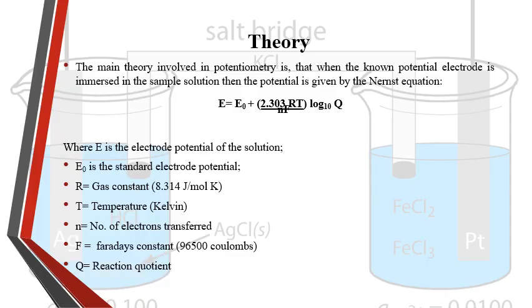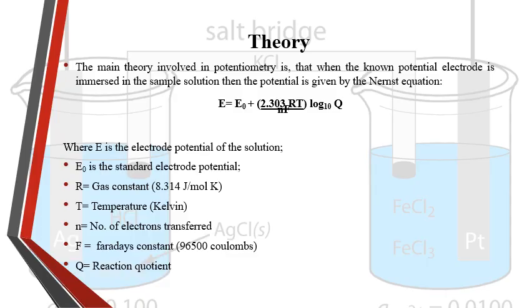E naught, which means the standard electrode potential. This is the potential of the electrode when it is in the standard state, meaning it is in a solution where the ion concentrations are 1 molar and the temperature is 25 degrees Celsius or 298 Kelvin. The standard electrode potential is a known value for specific electrodes and serves as a reference point.